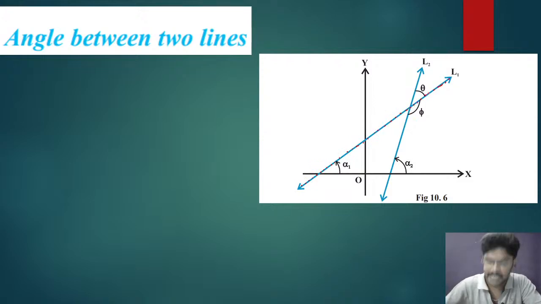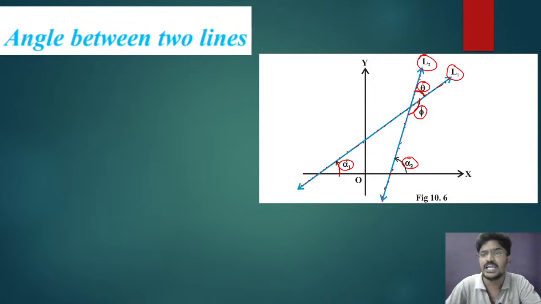So L1 and L2 are intersecting each other, where L1 is making alpha 1 as angle with the x-axis, and L2 is making alpha 2 with the x-axis, and here you can see theta and phi are the two angles made by L1 and L2.